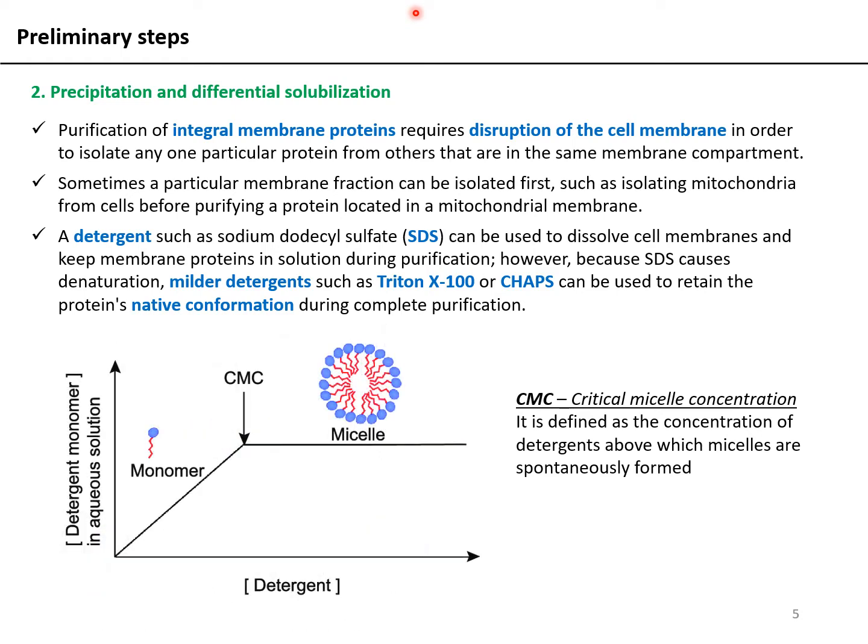If you look at this curve of detergent concentration versus detergent monomers in solution, when you increase the concentration of detergent up until the CMC, you have monomers in the solution. And once you reach CMC, you get spontaneous micelle formation. Now the detergent monomer concentration becomes constant, and you will get micelles.